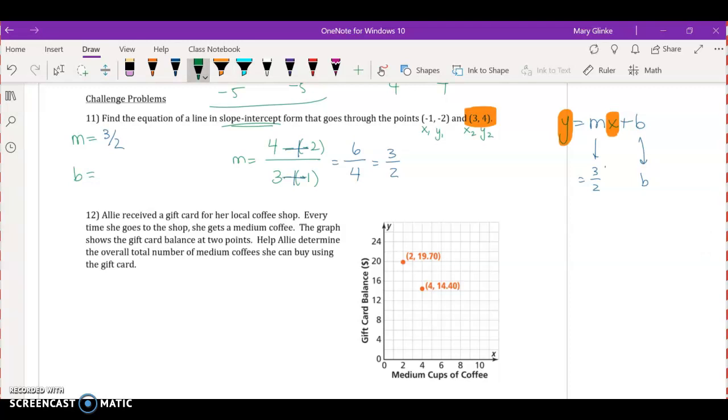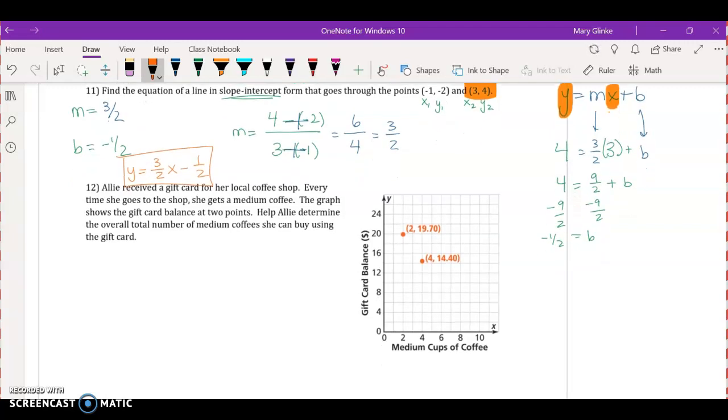I'm going to plug in 3 for x and 4 for y, because now this is something I can solve. I get 4 equals 9/2 plus b. If I subtract 9/2 from both sides, b ends up being -1/2. So therefore, my equation would be y equals 3/2 x minus 1/2.